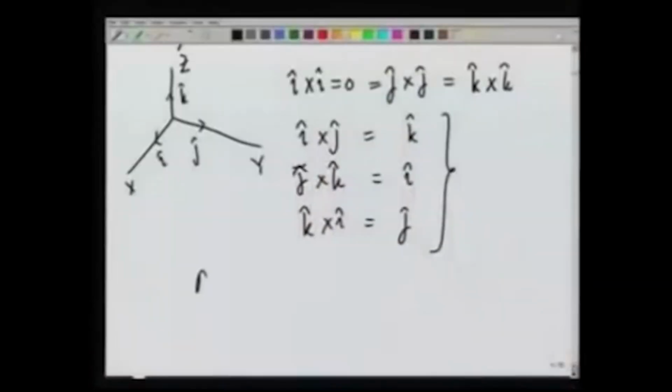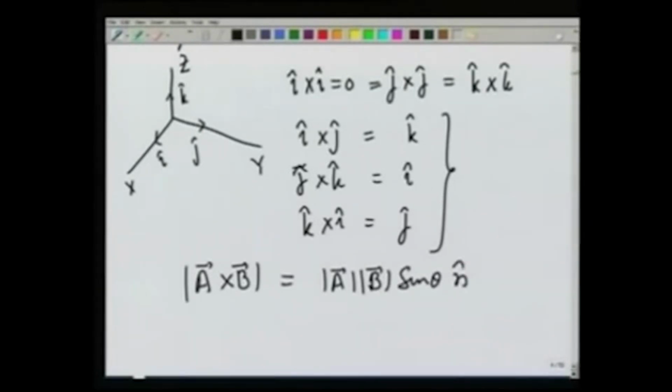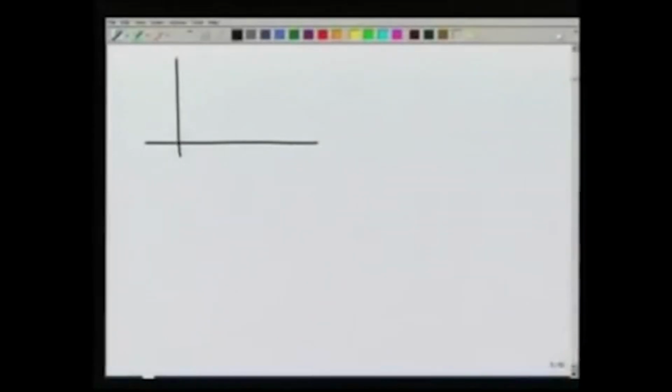First, I want to show you through an example that a cross b is really equal to a b sin theta times n, where n, as I told you, is in the sense of rotating a towards b through the smaller of the angles. So, let us for simplicity take this as x axis, this as y axis. Consider b to be a unit vector in x direction.